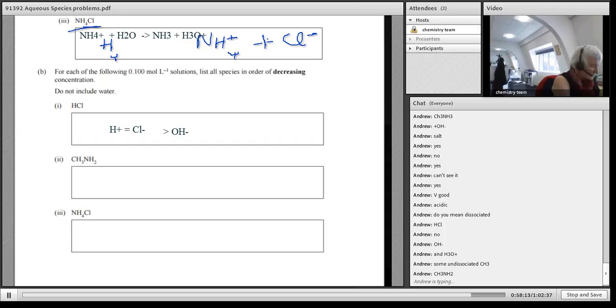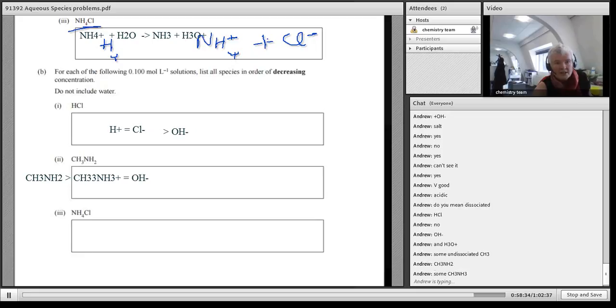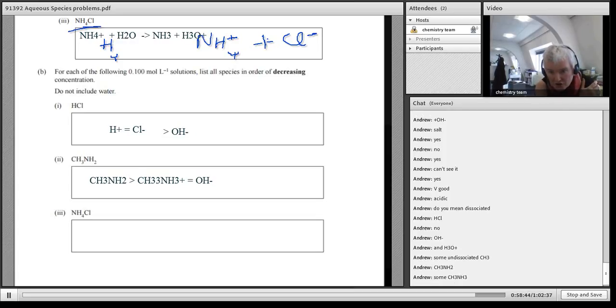Right, so you've got it correct, it's CH3NH2, that's the one that's in most, because remember, only some of it dissociates.